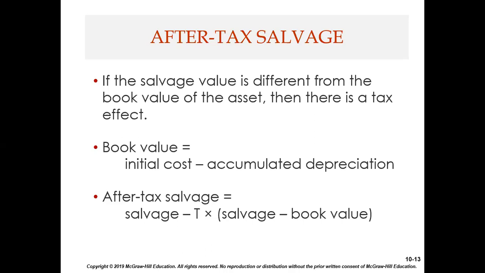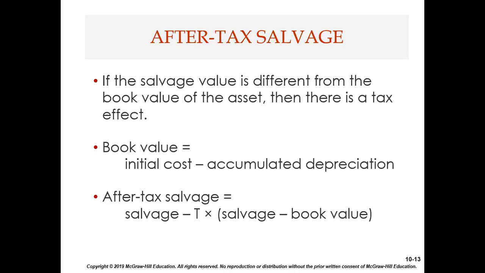Are we going to have to pay any tax on that? Well, let's see. Take the $2,000 we're going to get minus the book value of the asset at the end, which will be 0. So we're going to have to pay tax, the T, on all 2,000. We would take the tax rate times that difference, and that's the income tax we would have to pay on that $2,000.